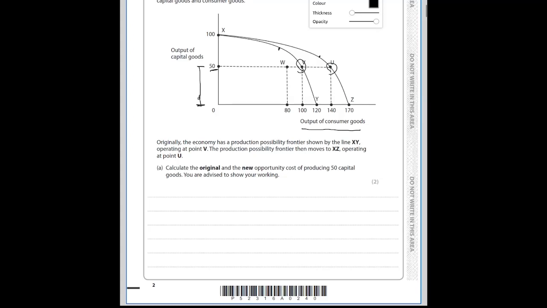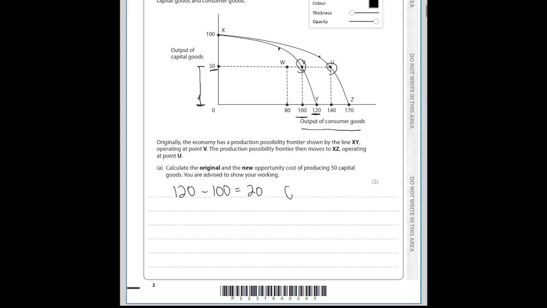So for our original output, we are going to compare this situation at Y, where we were only producing consumer goods and we produce 120, with this situation at V, where we're producing 50 capital goods and 100 consumer goods. So that means that our opportunity cost in terms of consumer goods for producing 50 capital goods is going to be 20. So we subtract 100 from 120.